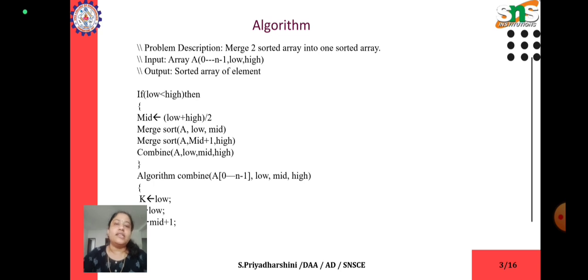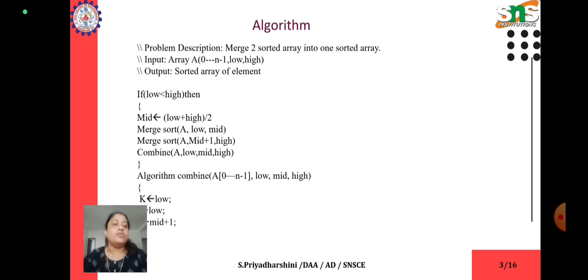Here, let us suppose an array A with n elements, which we are going to sort using the algorithm.